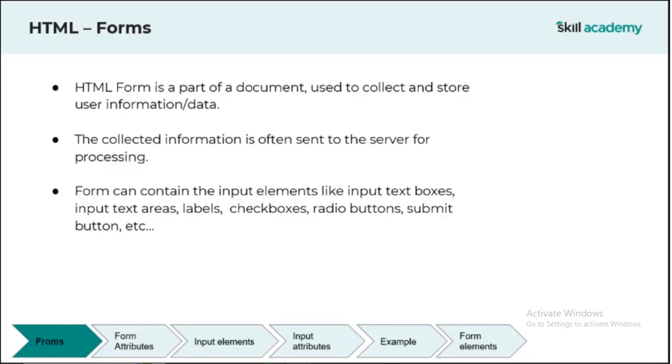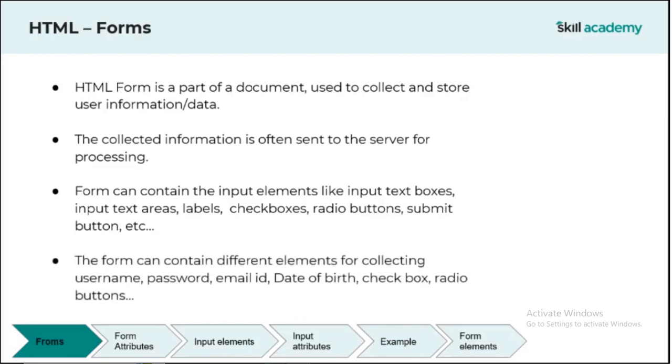So different input elements will be provided to you when you are going to design a user registration or a login form. So the form can contain different elements for collecting username, password, email ID, date of birth, checkbox, radio buttons, etc.